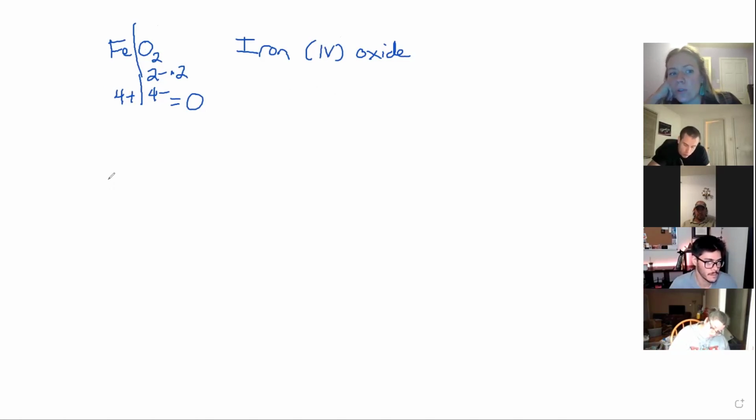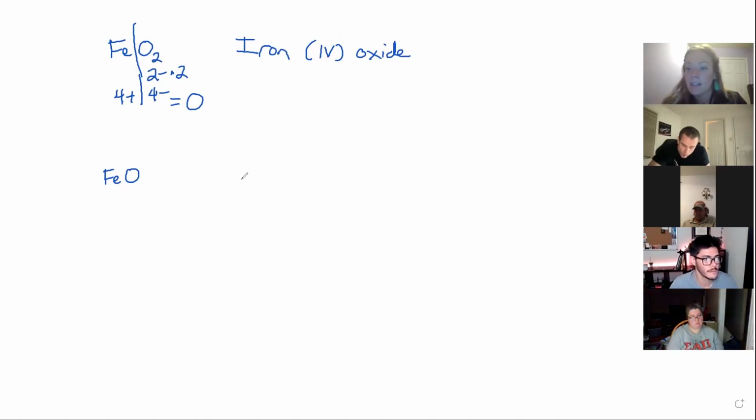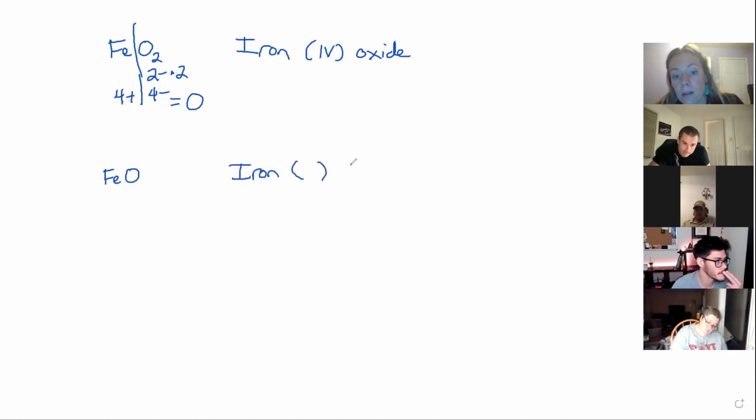Instead of FeO2, what if I wrote FeO? This is also an iron oxide. All of these things are a group called iron oxides, loosely. So it's iron, Roman numeral, oxide. How does this one differ from the first one though? The charge is going to be different.